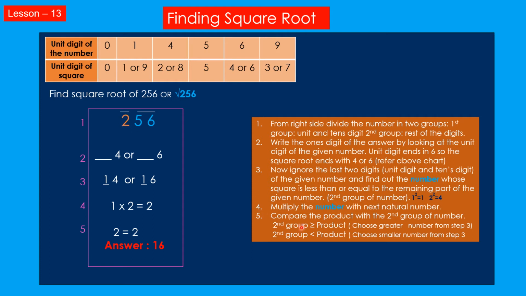If the second group is more than or equal to the product, we choose the greater number. So here 2 equals 2. This condition is satisfied, that the second group is equal to the product. Then we choose the greater number. So here the greater number is 16. So we pick our answer 16.